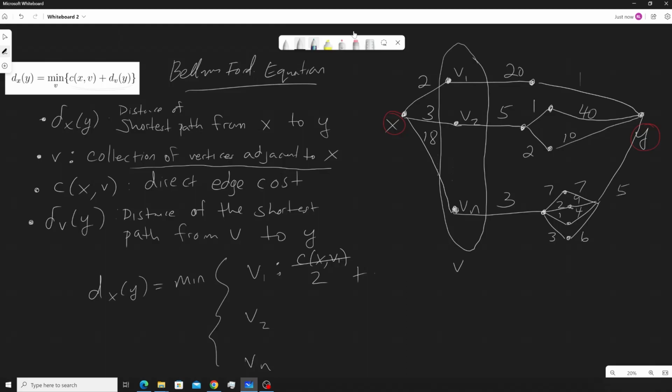So we do c of v1 comma, let's call this v11, which is 20, plus our recursive value.